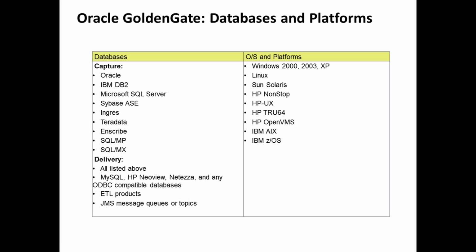From 12C and 19C onwards, it also supports NoSQL and Informix databases as well. Postgres is also supported. In fact, until 12.3, replication to Postgres was supported. Now extraction from Postgres is also supported. Different OS and platforms it supports are Windows, Linux, Sun Solaris, HP-UX. These are a few to name.